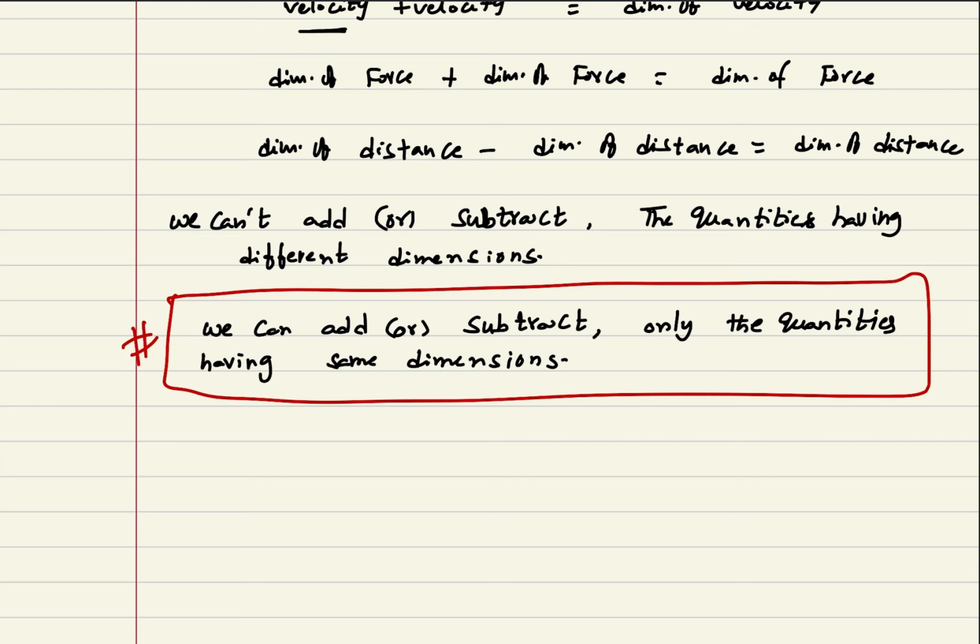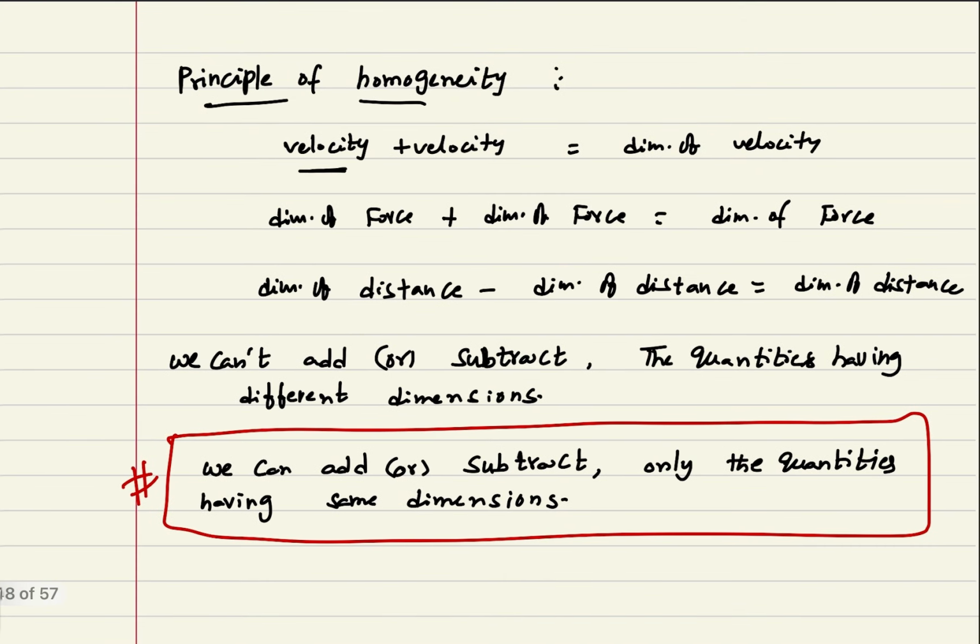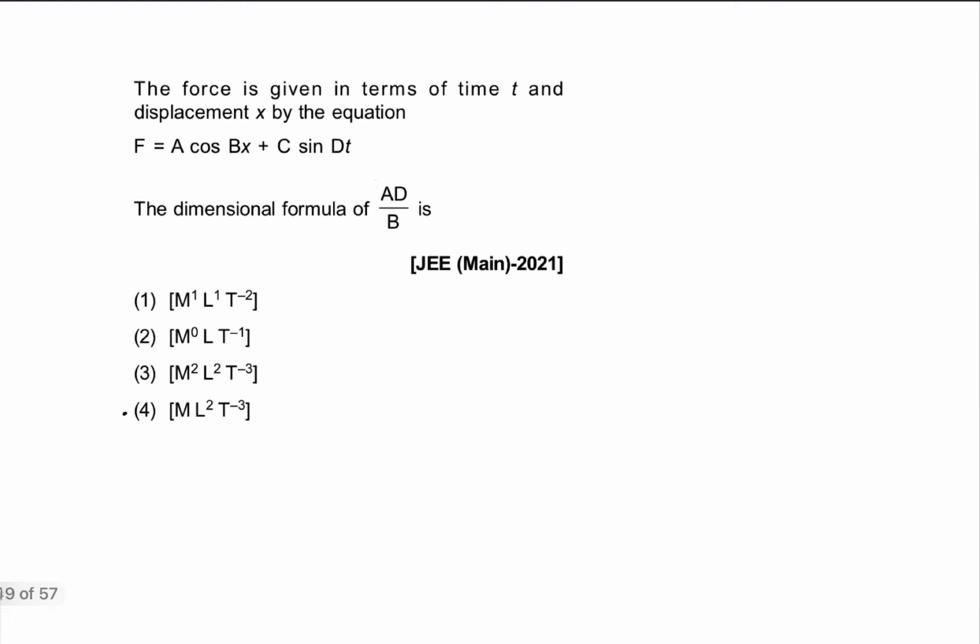This is our principle of homogeneity. Keep in your mind, if you add a dimensionless number, you will get dimensionless only. Based on that we are going to do. This is also a very important method, you can see.